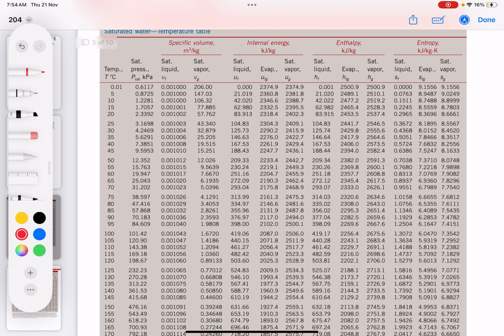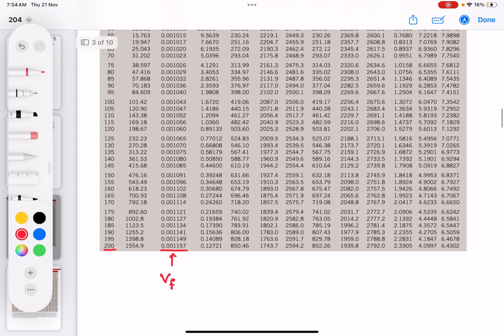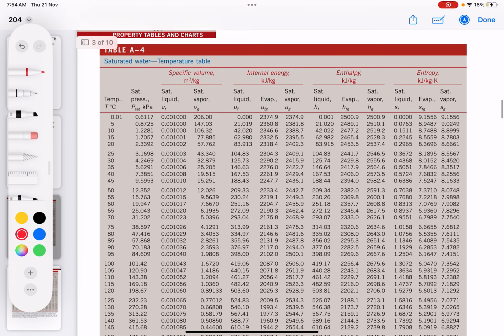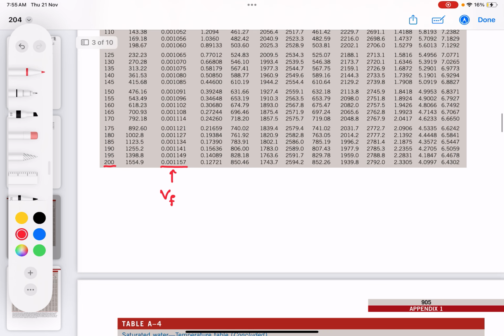And then I also need to find the internal energy, which is going to be uf. So these two are going to be my state 1 properties.